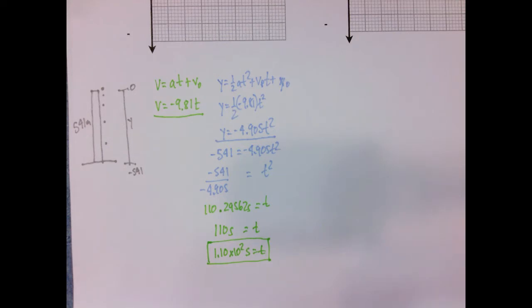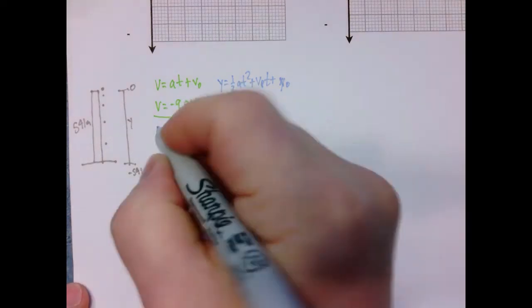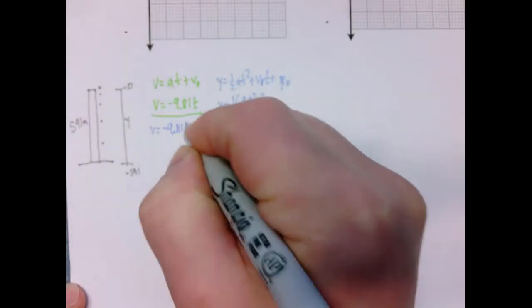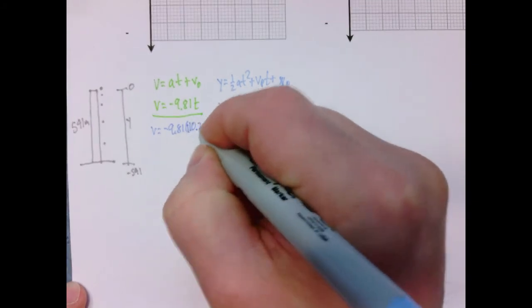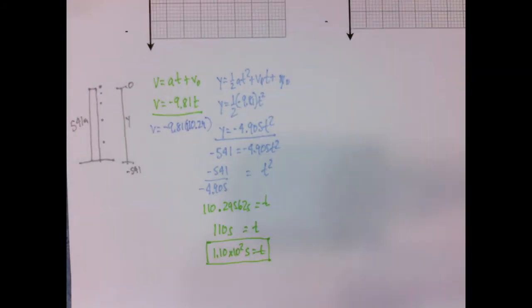Now when we look at the velocity, since we have this time, we have v equals negative 9.81 times 110.29, the unrounded value.